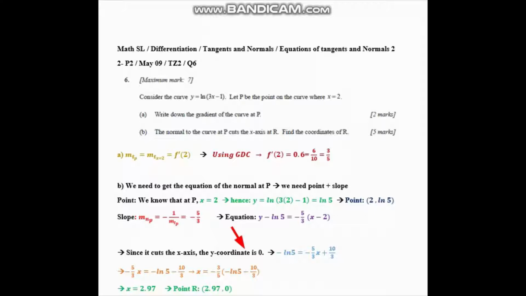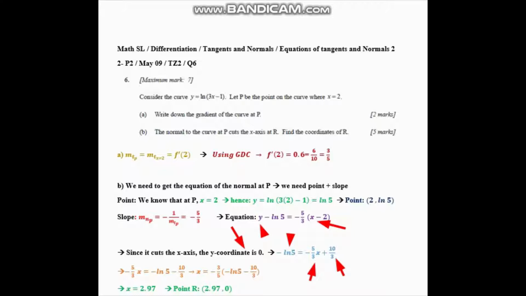So, since the y coordinate is 0, I shall simply substitute y here with 0 and attempt to find x. So 0 minus ln 5 is just negative ln 5, and I shall expand this bracket, so -5/3x plus 10/3, and 10/3 is the product of -5/3 and -2. If I multiply those together, I get positive 10/3.